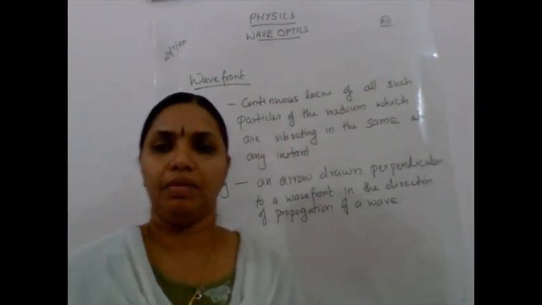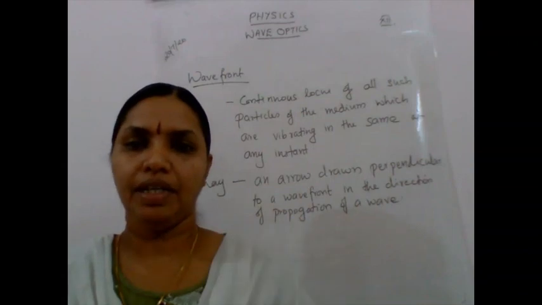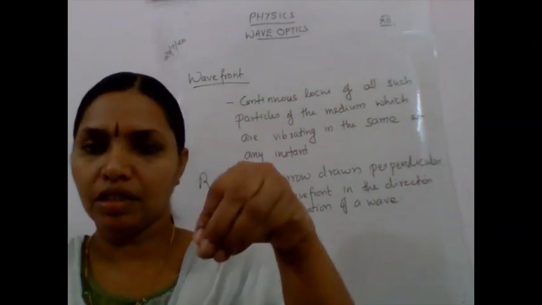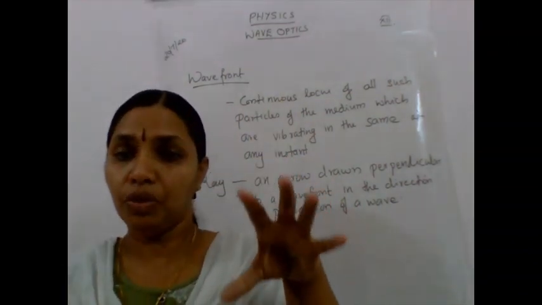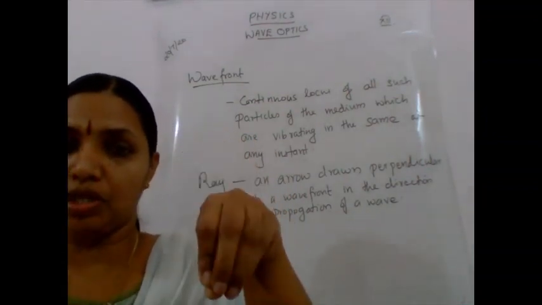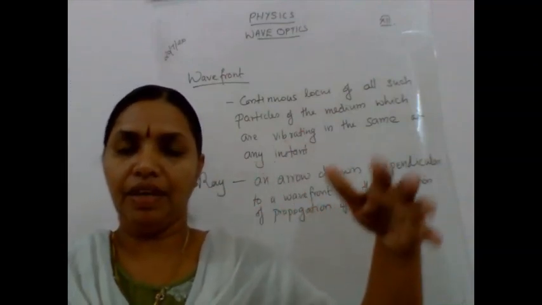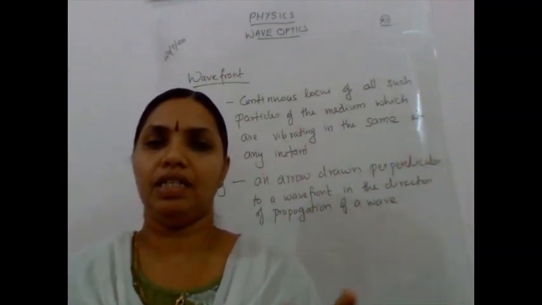You take the example of a silent pond and we are dropping a stone. Just put a stone. You can see that from the point where the stone is dropped, a wave is propagating, isn't it?